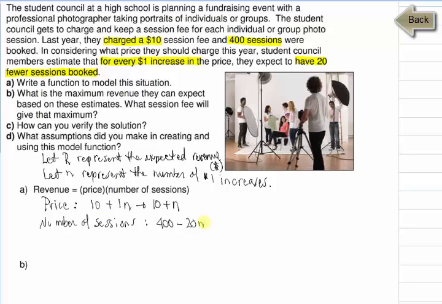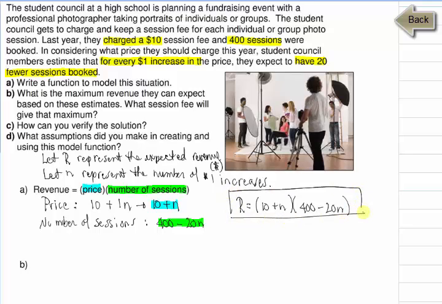Okay? So now we have our price. And now we have our number of sessions. So we can write our quadratic function now. So the revenue is equal to the new price, which is 10 plus n, times the number of sessions that they expect, which is 400 minus 20n. Okay, so this is the quadratic that models this situation.